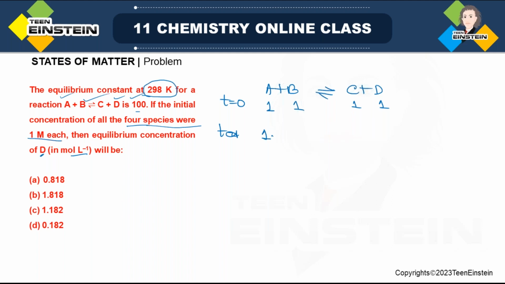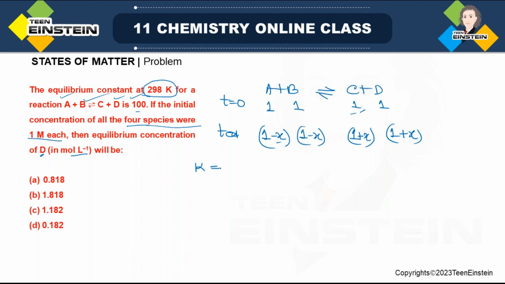So 1 minus x, suppose x moles of A only consumed. Obviously in B also x moles will be consumed because it is 1:1. Now in the right hand side product, already some amount of C is there, but as x moles of A and B consumed, so C now will have concentration 1 plus x. So it will increase. Initially already there is 1, now it will be 1 plus x. For D also it is 1 plus x.